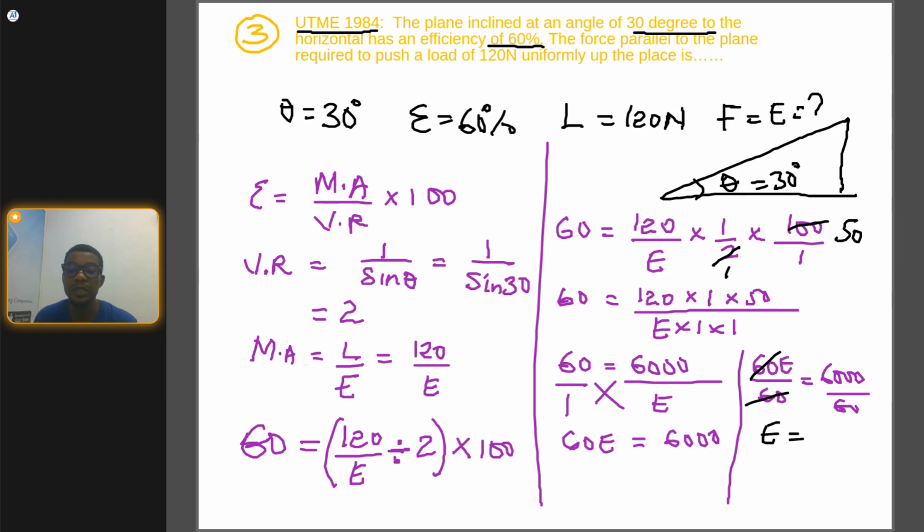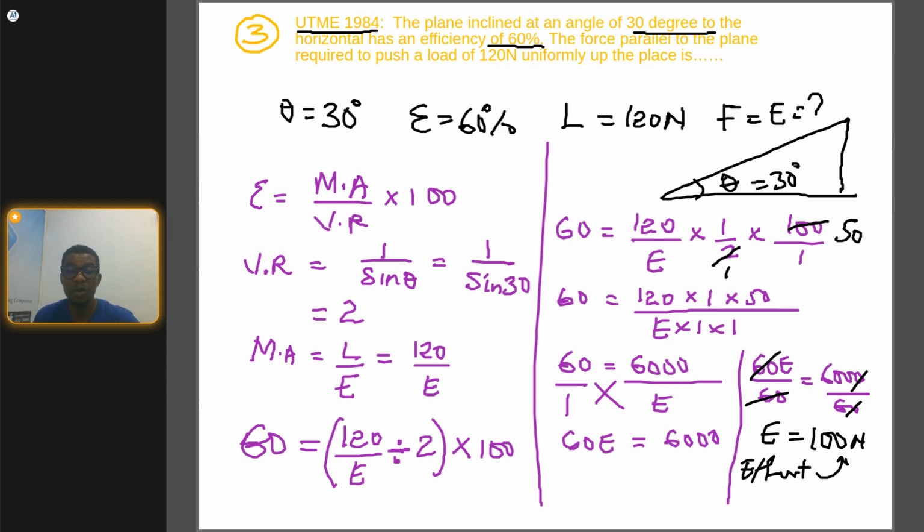E equals, 0 cancels 0, 600 divided by 6 is 100. So the effort is 100 Newton. The effort for this question is 100 Newton.